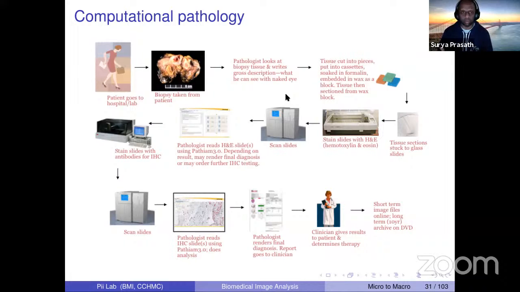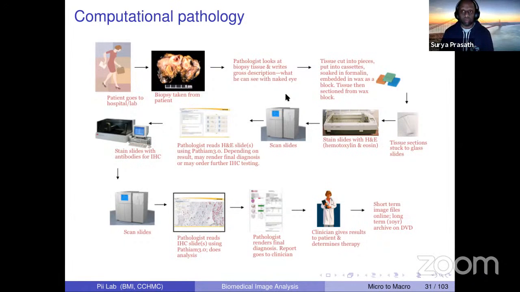In this case, a biopsy is taken, cut into thin pieces, and stained with, in this case, H&E, which is a commonly used stain in histopathology. And these stains are scanned and stored as digital slides. Now, you can imagine that these slides are comparatively big, sometimes gigabytes per slide, per patient.